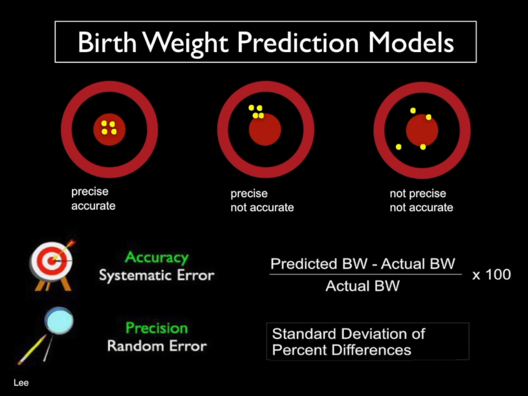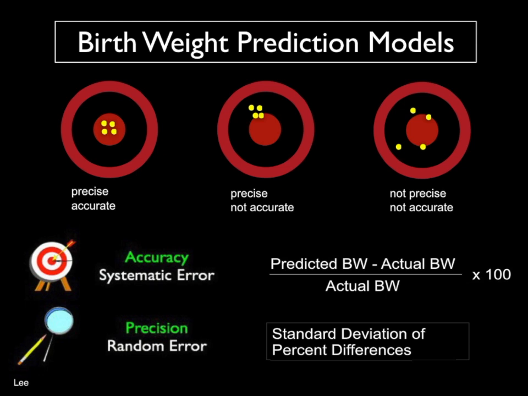Accuracy, or systematic error, can be evaluated by taking the signed difference between predicted and actual birth weight as a fraction of actual birth weight. Systematic errors are a result of potentially correctable factors such as measurement technique, equipment problems, examiner training, or use of prediction model coefficients from a study population that may not be optimized to another group of patients in a local clinical practice.